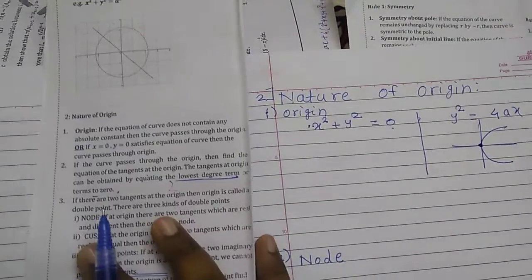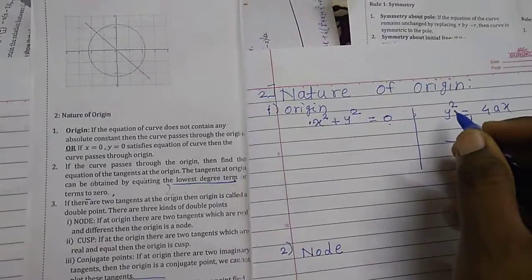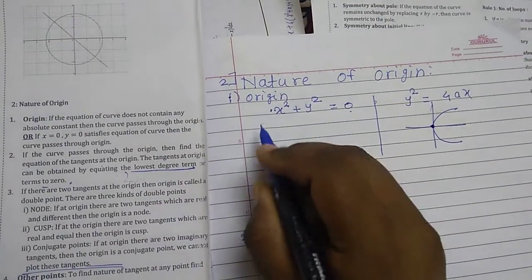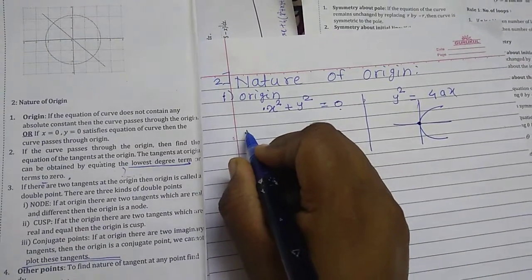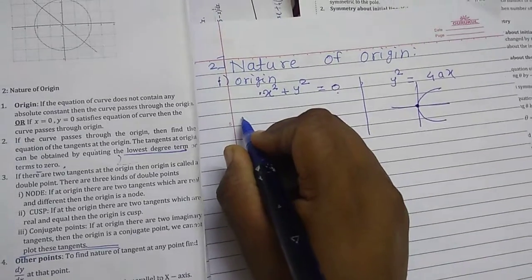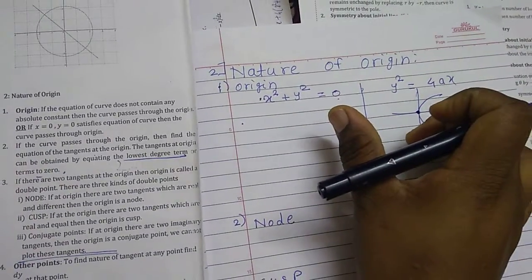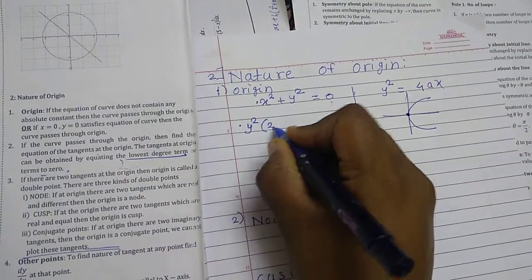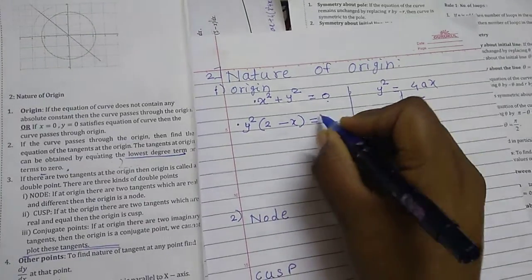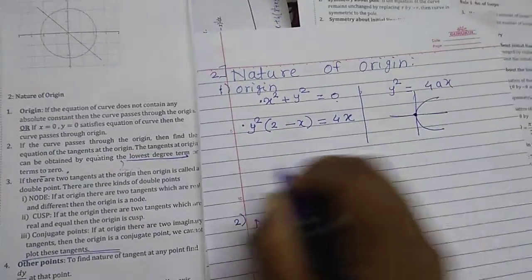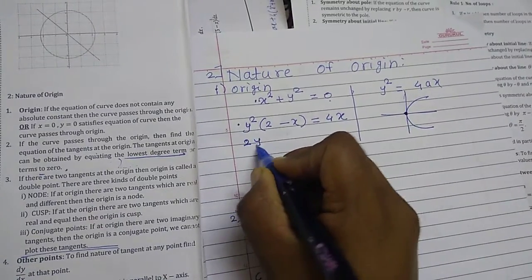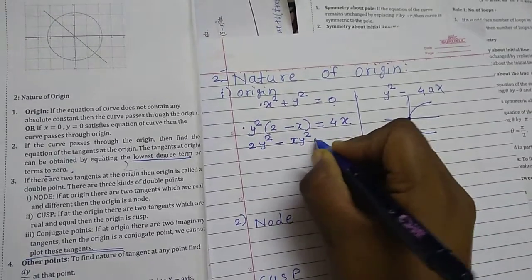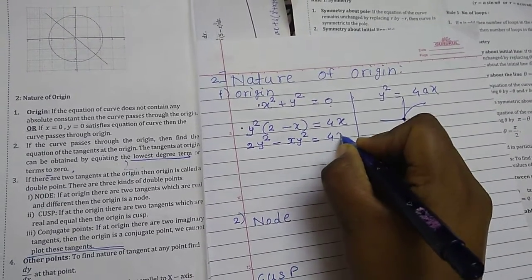Next, if the curve passes through origin, then we have to find tangent at origin. To find tangent at origin, we will equate the lowest degree term of that equation to 0. For example, if we have y square into 2 minus x equals to 4x, solving this equation, we have 2y square minus xy square equals to 4x.